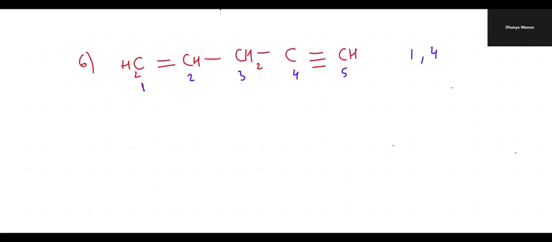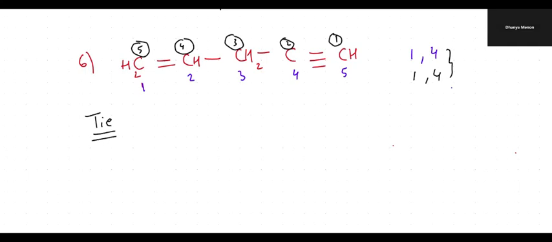Same thing if I number from this side, 1, 2, 3, 4, 5. Here also, the multiple bonds are getting the 1 and 4 positions. So we cannot go according to the first point of difference rule. There is a tie between both of them. Tie means they have both got the same numbers; the numbering is the same from both sides.